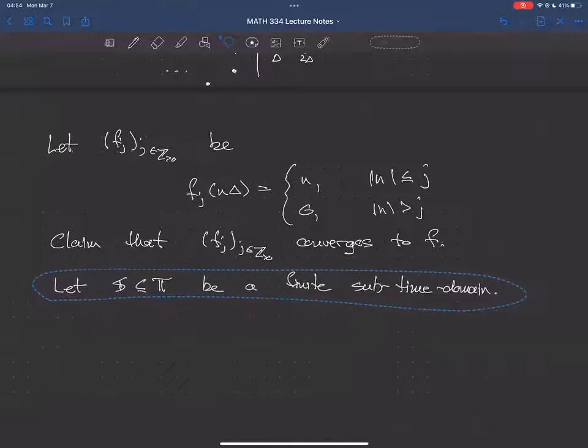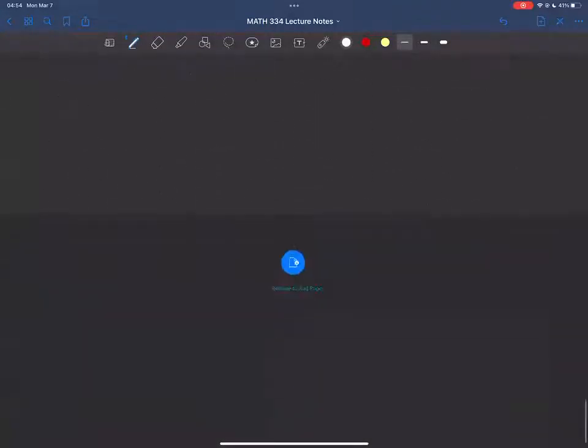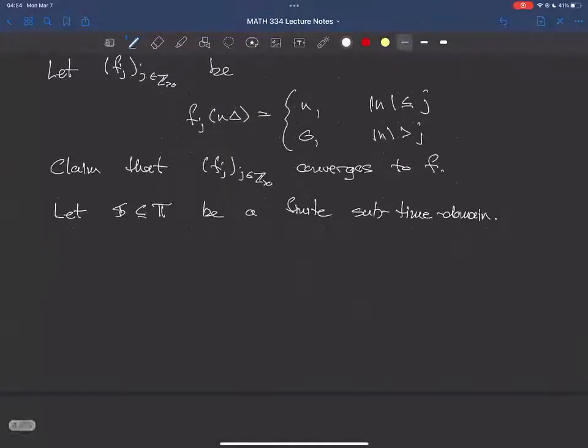To prove that this sequence converges to that one, I need to show that if I restrict it to any finite subtime domain S, then I get convergence of the restrictions to S. So how do we do this? Well, you're going to choose j large enough so that S is contained in the set of times from minus j delta to plus j delta.